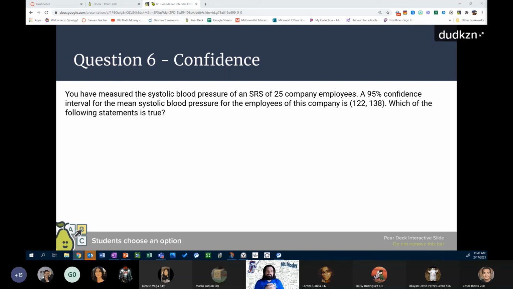All right, guys, let's look at the solution. And again, this one was tricky, right? And this comes down to making sure that the correct statement has the proper verbiage, right?